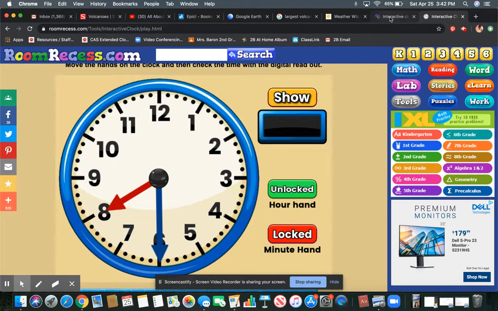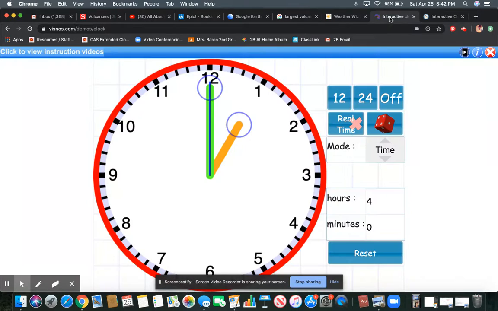So I'm going to move over to this other website here. And I want you to look at the hour hand, which is the shorter one, which on this website is the orange one, okay? So when I move the minute hand, keep your eye directly on the hour hand, okay?